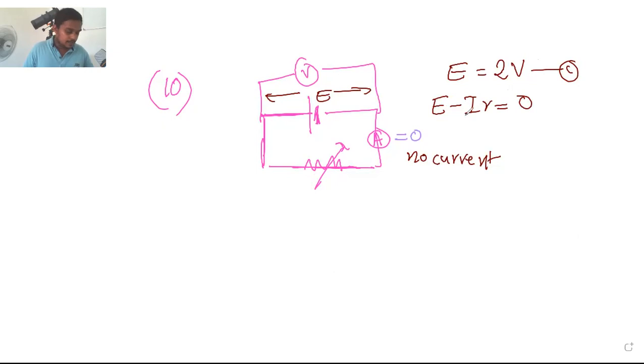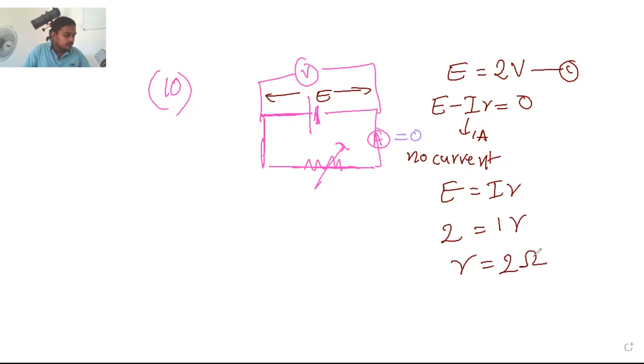The current value that they have given is 1 amp. So making E the subject, E is equal to IR, and E is equal to 2 volts, I is equal to 1, R is the thing that I have to find. R is 2 ohms, which is the fourth one, D. D is the answer.